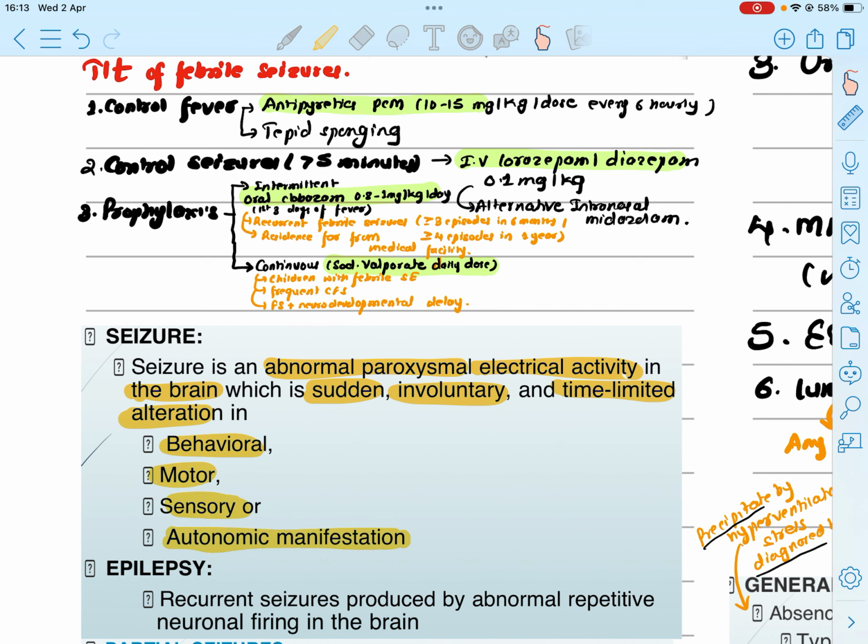What is seizure? It is an abnormal paroxysmal electrical activity in the brain which is sudden, involuntary and time limited, and there will be alteration in the behavioral, motor, sensory and autonomic manifestation.